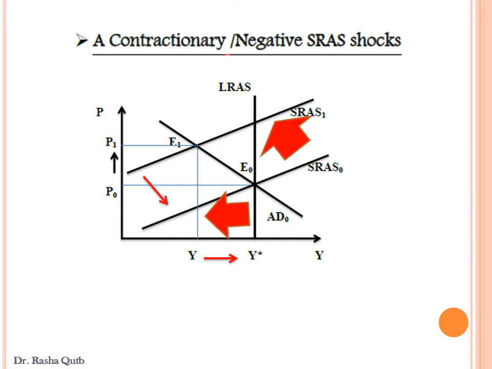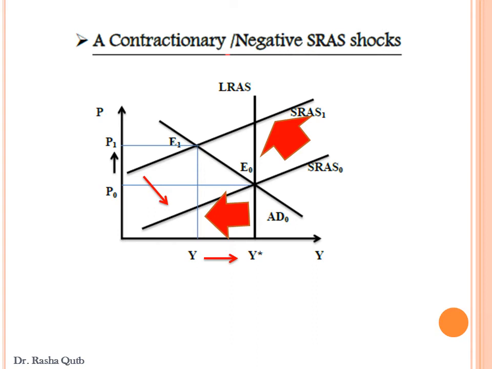Now consider that we have a deterioration in the productivity of factors of production. Okay? This would affect the SRAS curve. The whole curve would move upward from SRAS naught to SRAS 1. In this case, the level of output is lower than the potential level of output.